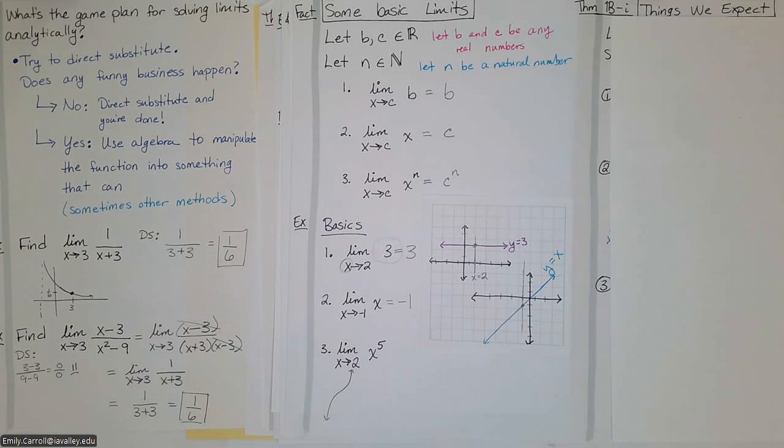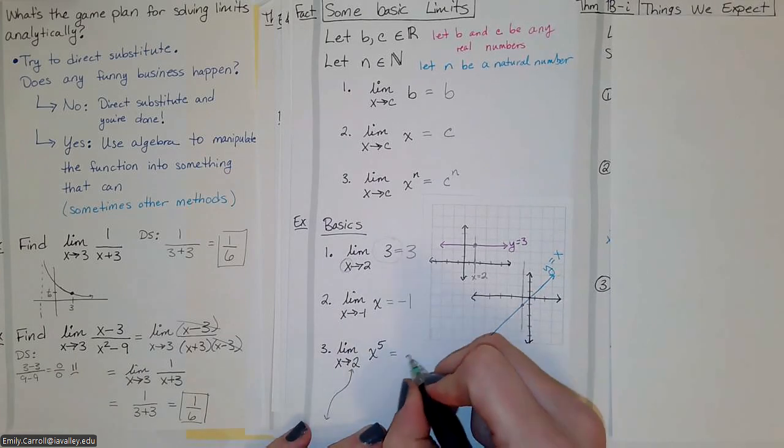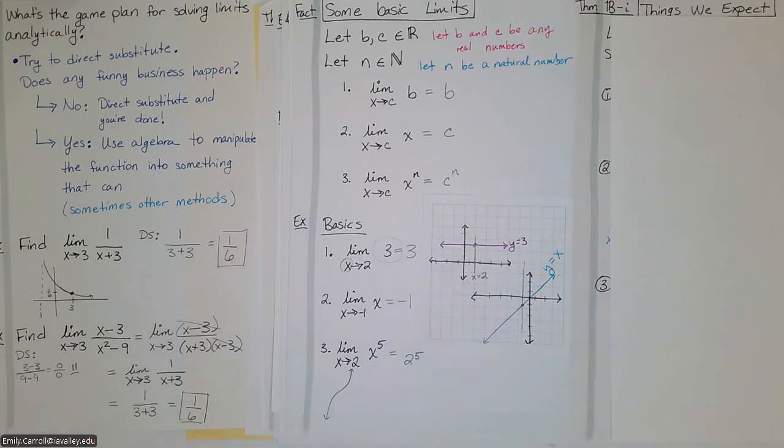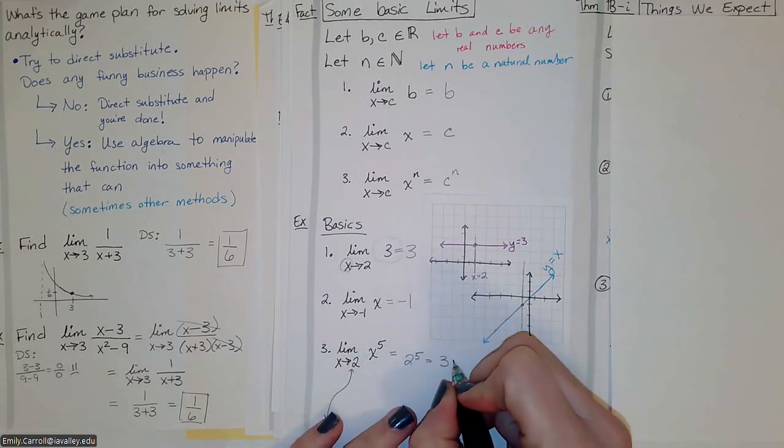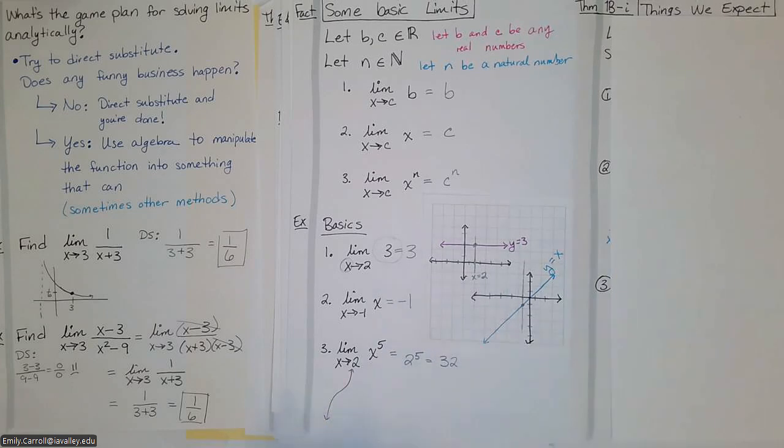We're not doing that today because that'd be ugly. We're going to evaluate it at 2. Nothing wrong with me going ahead and direct substituting 2 in for x there, evaluating x to the 5th at 2. And 2 to the 5th is equal to 32. Wait, it is, right? 2 to the 5th is 32. Yeah.